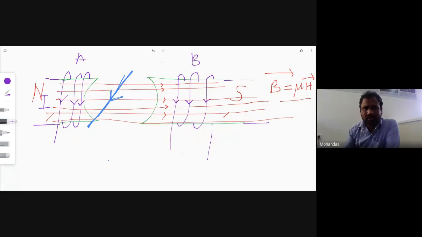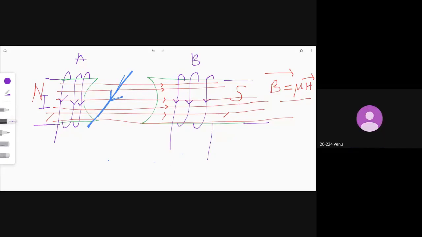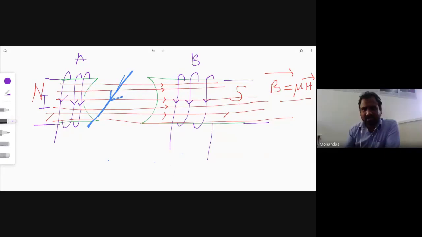For a straight conductor, is it the first case or second case? First case. In the first case the thumb points in the direction of the current. But what about the remaining four fingers? Flux lines. Are those lines circular lines or straight lines? Circular lines.